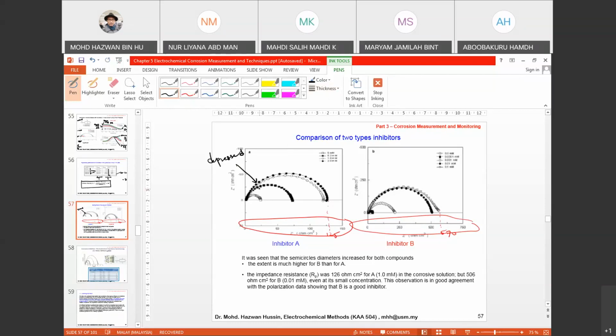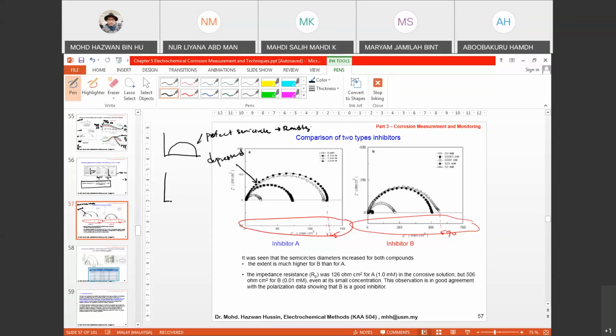Okay, what does it mean by depressed? If you actually look at the better Nyquist plot, if you want to use the simple Randles circuit, your Nyquist plot must form a perfect semicircle. It's like a ball, you slice it in half. Then you will use the Randles circuit for fitting.